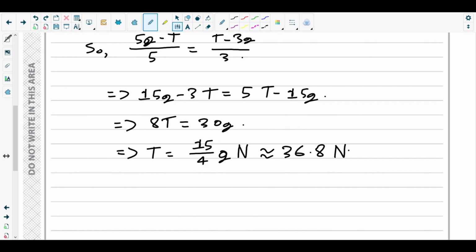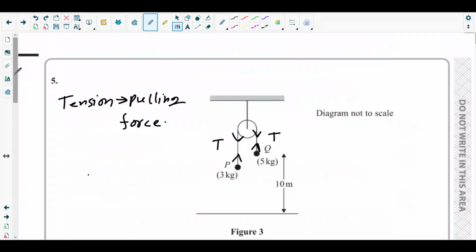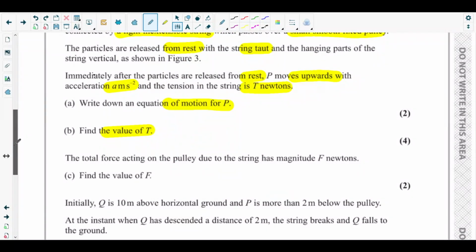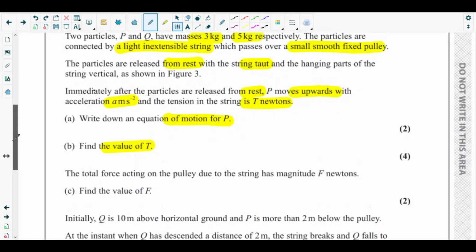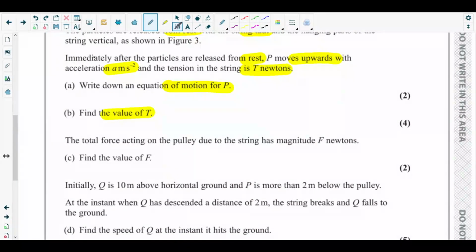Two significant figures will also do, no problem, because as mentioned at the beginning, on the front page of all of the questions, you can write two or three significant figures if nothing is mentioned in the question. So we got the value for T up to three significant figures, which is 36.8. That's it.